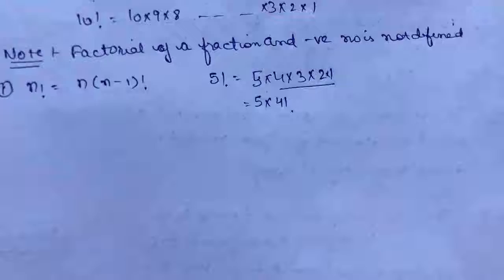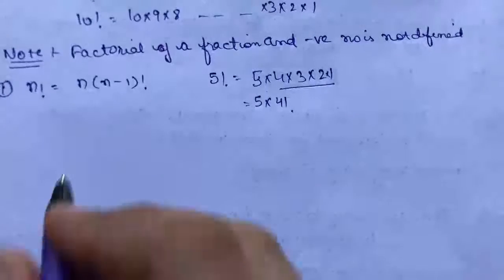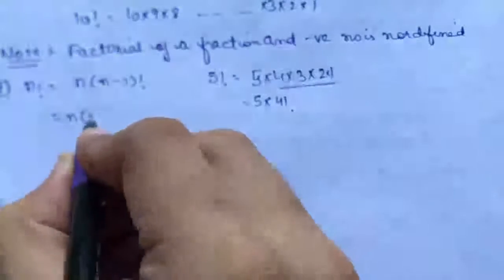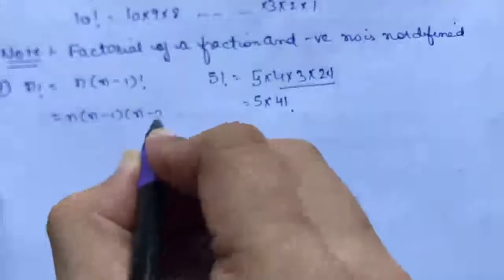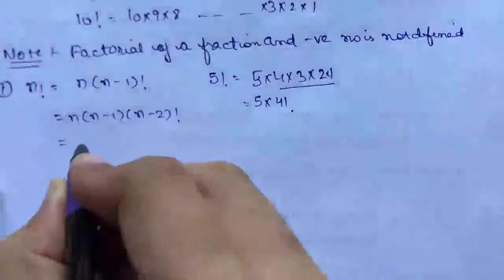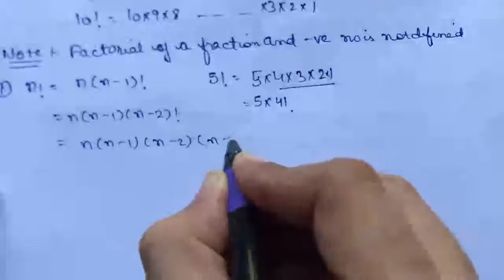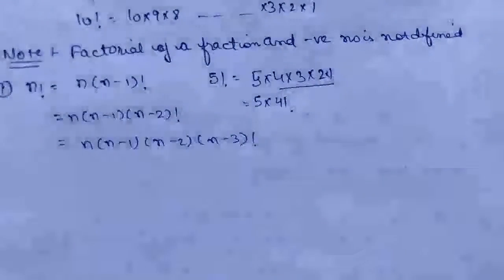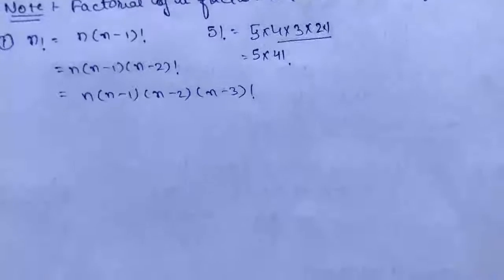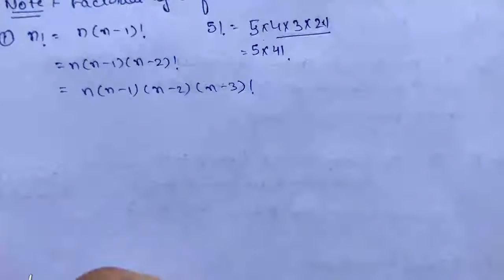So n factorial is equal to n into n minus 1 factorial, and this could also be written as n into n minus 1 into n minus 2 factorial, and this could also be written as n into n minus 1 into n minus 2 into n minus 3 factorial. Okay, so this is the first point that we need to know about factorial notation.